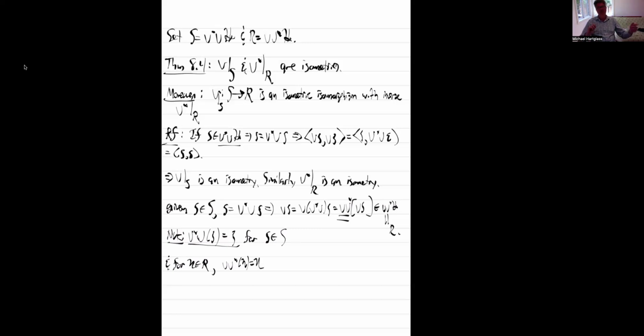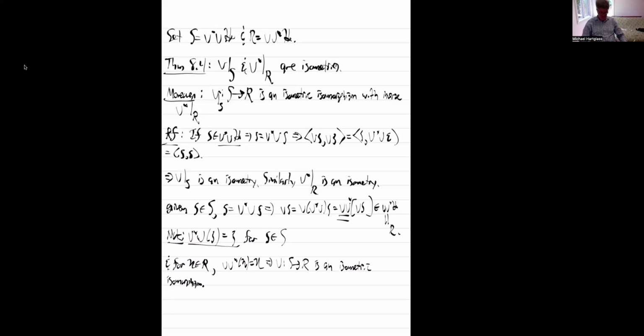All right, so this shows that I have a two-sided inverse between S and R. So this tells me that V going from S into R is an isometric isomorphism. So this is going to nicely map S to R.